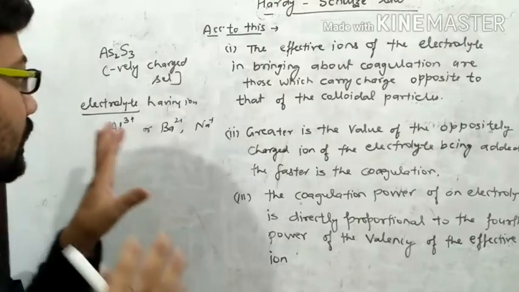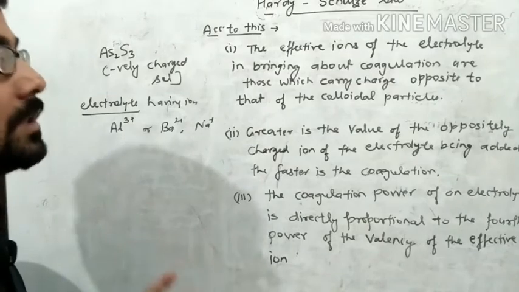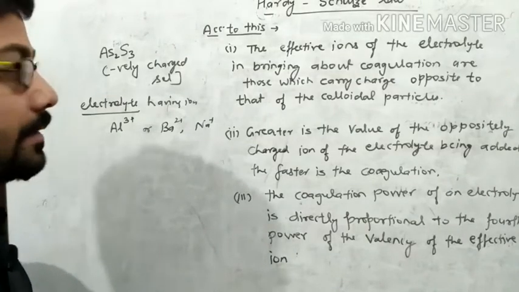Means अगर अपोजिट चार्ज मिलेंगे तो इजीली से न्यूट्रलाइज हो जाएंगे और बहुत जल्दी से कोएगुलेशन हो जाएगा.